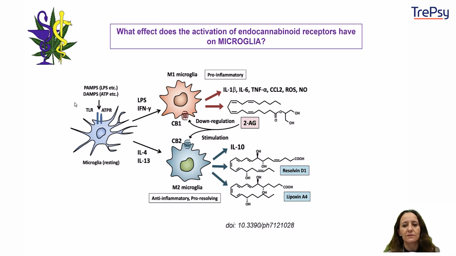These cells produce IL-10, which is the immune suppressive cytokine for the immune system cells. So we can see here again that CB2 is in charge of suppressing the immune response, in this case expressed in the microglia.